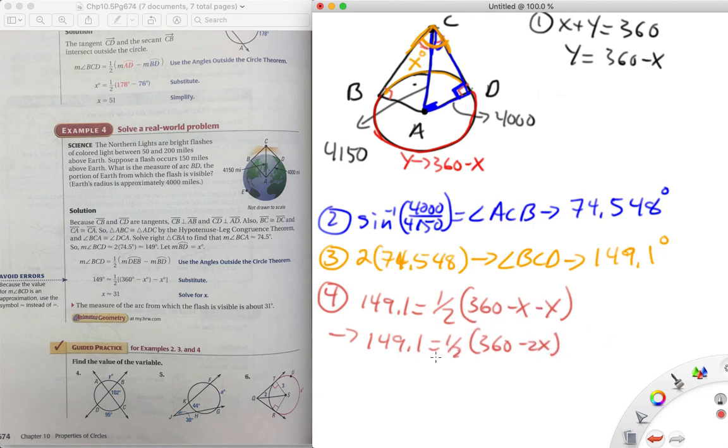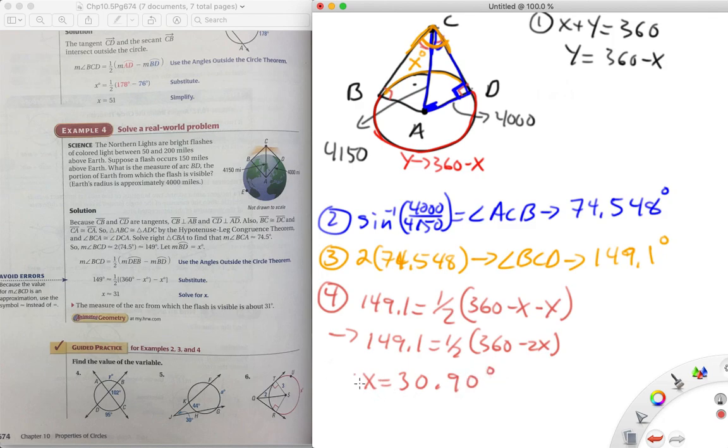So I can multiply by 2 on both sides, subtract 360 and divide by 2, and that would give me my x. So x is going to equal 30.90 degrees.